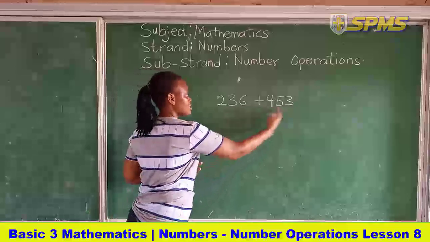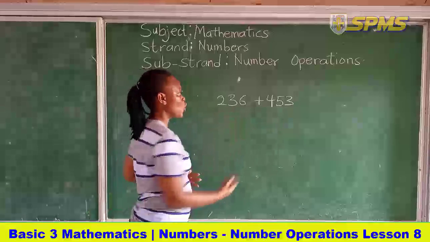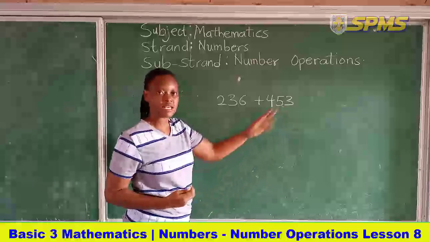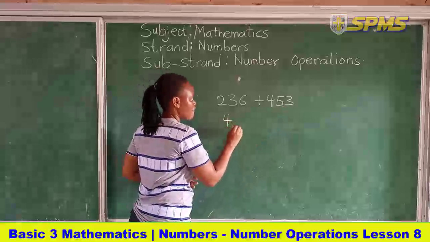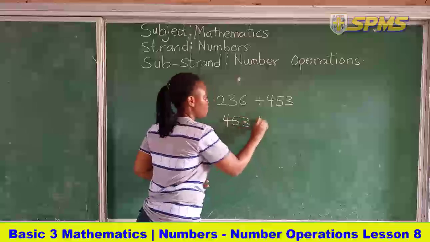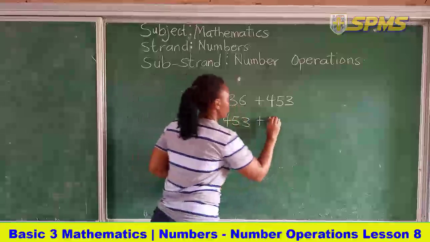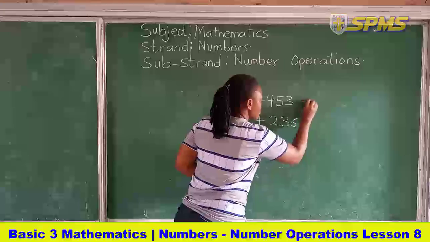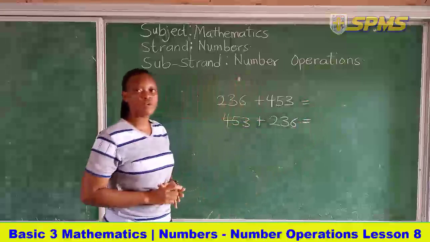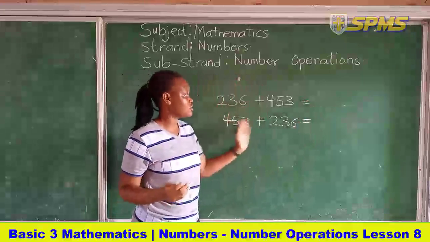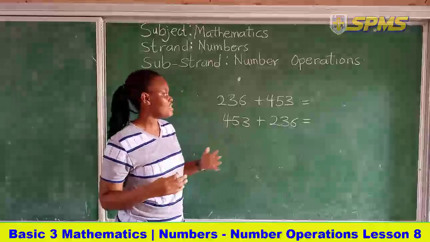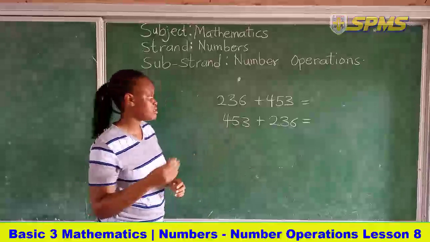We will put the second number first. So we have 453 plus the first number, 236. It's just an exchange of their positions. Let us add both numbers and see.